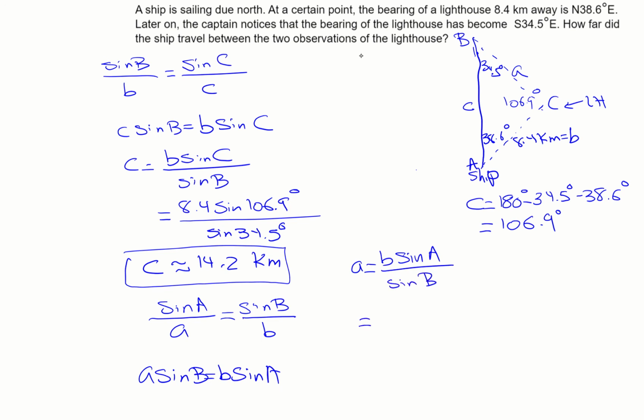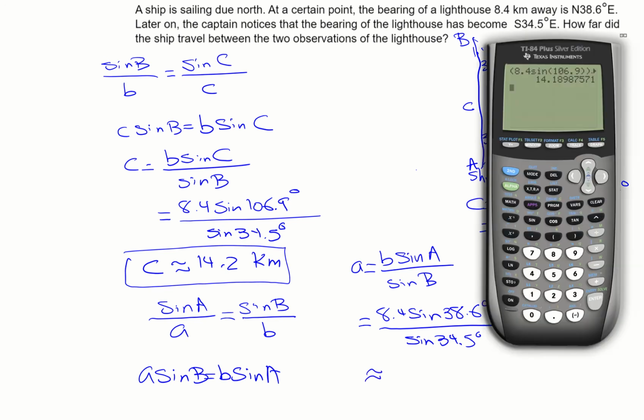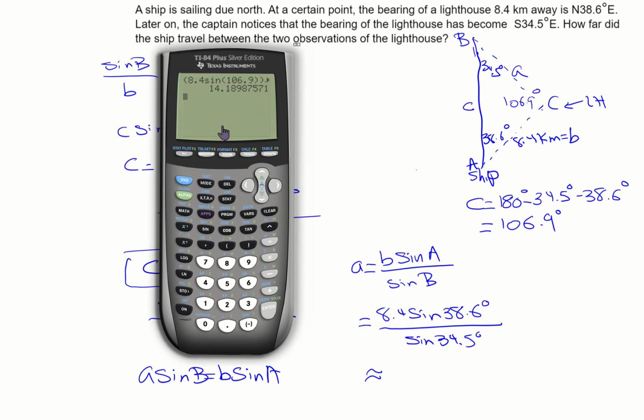So now we can substitute. So we have 8.4 sine of A, which is 38.6 degrees, and we divide that by sine of B, which is 34.5 degrees. So now we just have to carefully plug all that in. So we have 8.4.